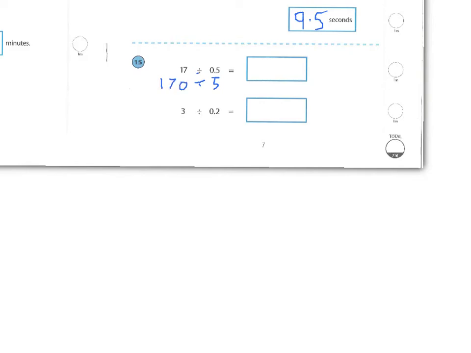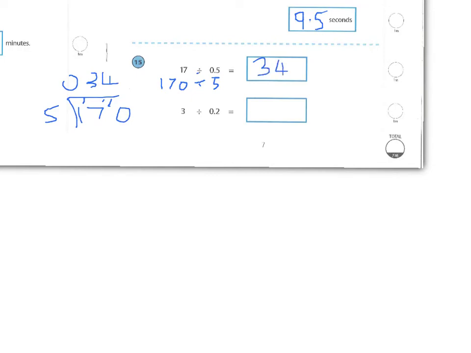That leaves us with 170 divided by 5, and we can do that in the traditional way. How many 5s go into 1? Well, it doesn't go. Carry the 1. How many 5s go into 17? 3 5s are 15. Carry 2. How many 5s go into 20? 4. That gives us an answer for the first one of 34.